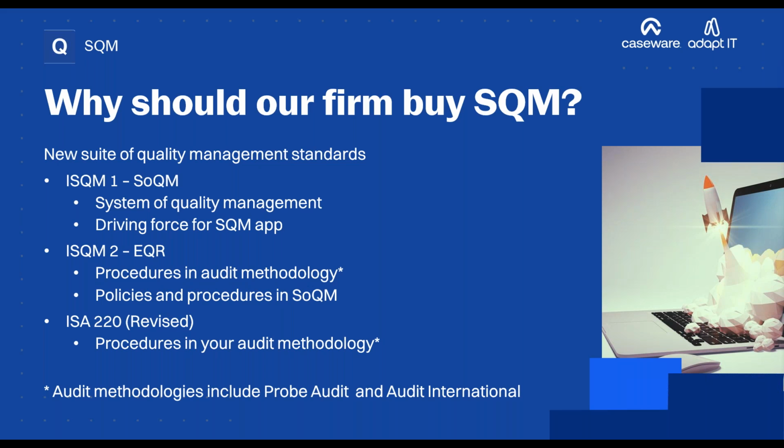Then the third one that completes your suite of quality management standards is ISA 220, quality management on the audit engagement. There, everything in terms of compliance will be included in your specific audit methodology. So SQM itself will not specifically address anything there, but we do address ISQM 1 and 2.